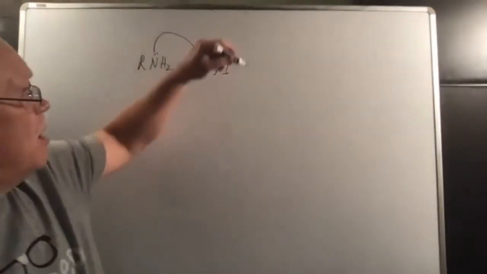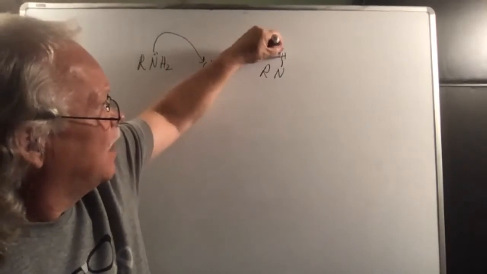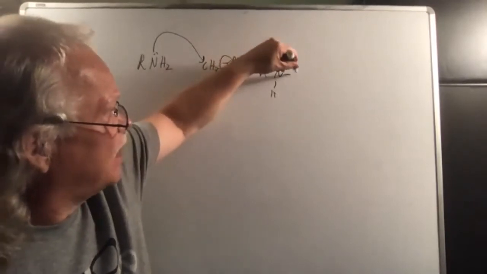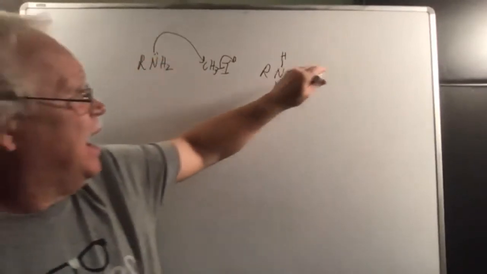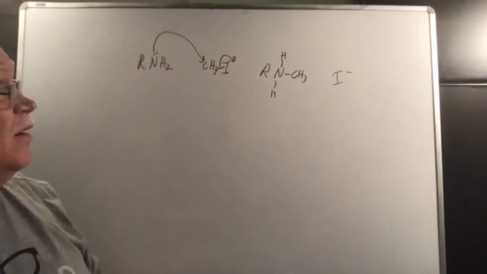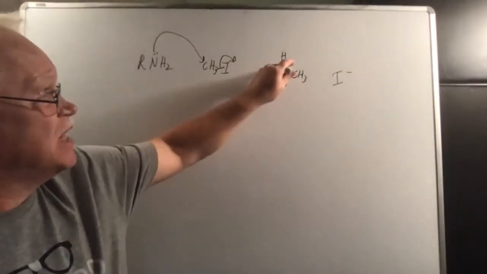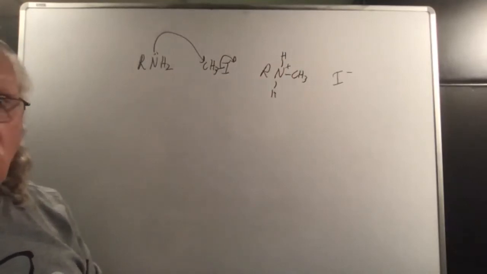So what's the product of this? RNH2, I'll just draw it out a little bit, hooked to the CH3, and then the iodine gets kicked off as the negative ion. Notice that the nitrogen has 4 things around it, so it becomes positively charged.